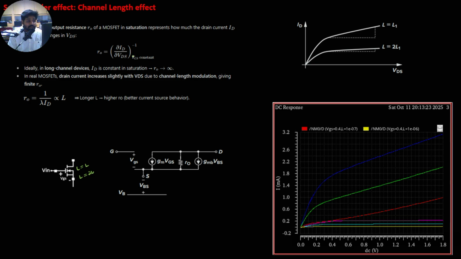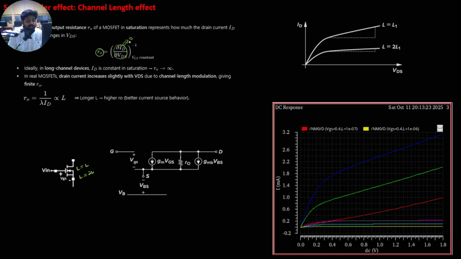Whenever you change VDS, you are expecting ID should be constant. For that, you expect this factor will be 0.